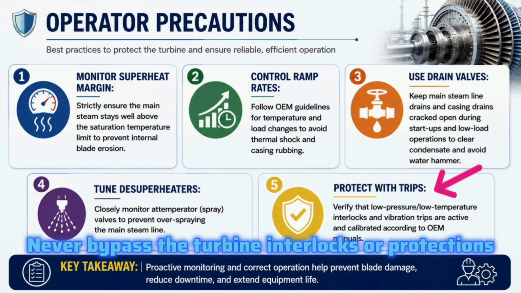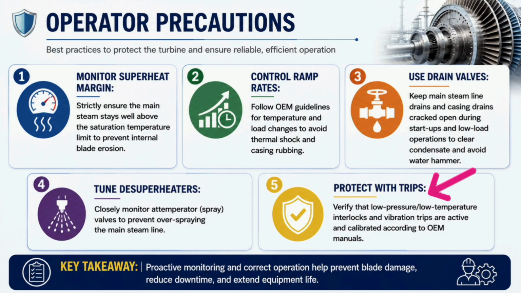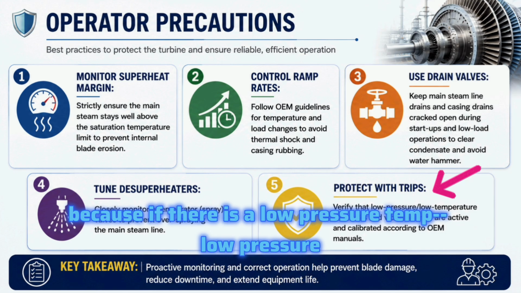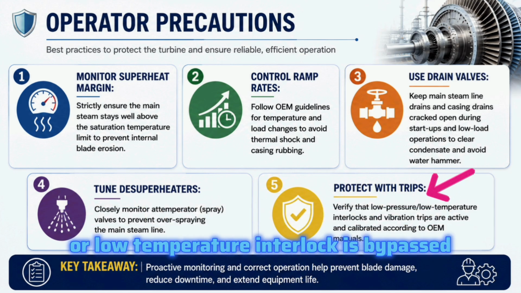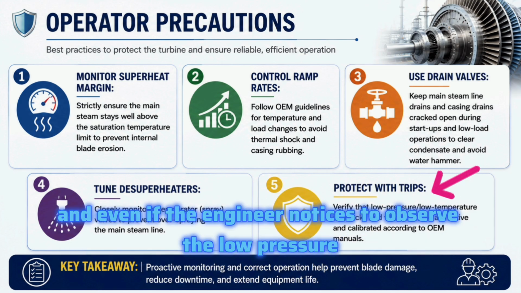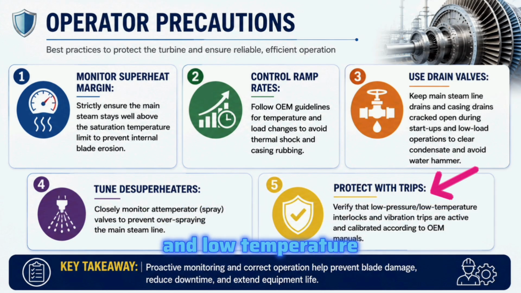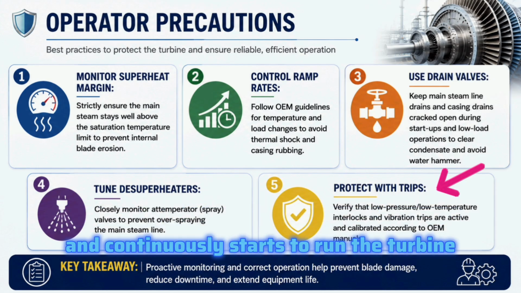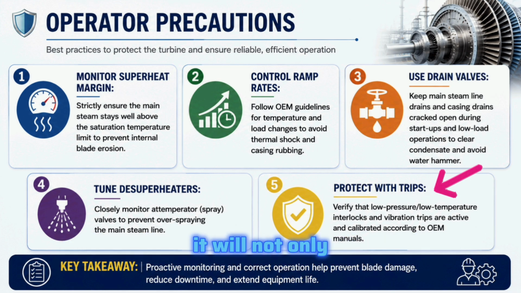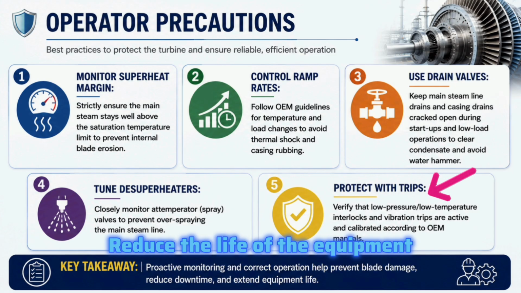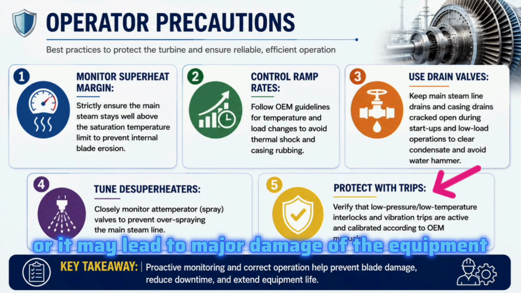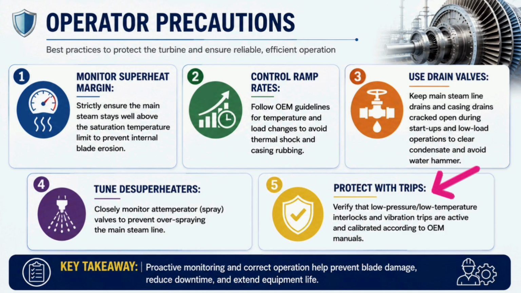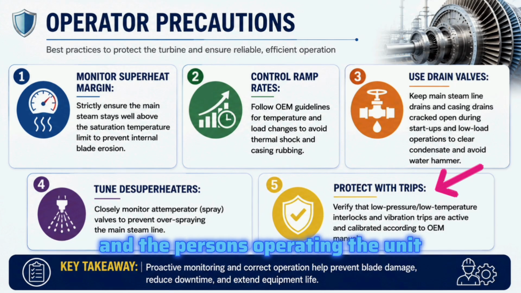Never bypass the turbine interlocks or protections, because if a low pressure or low temperature interlock is bypassed, and even if the engineer observes the low pressure and low temperature and continues to run the turbine, it will not only reduce the life of the equipment, but may lead to major damage of the equipment and the persons operating in the unit.